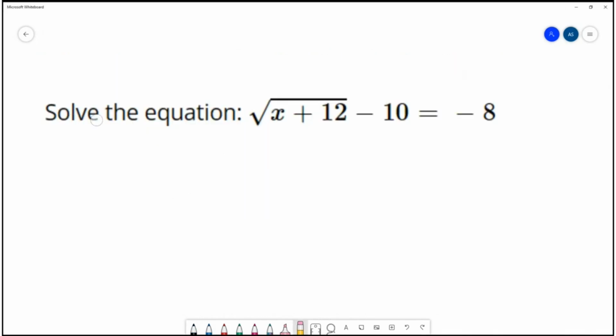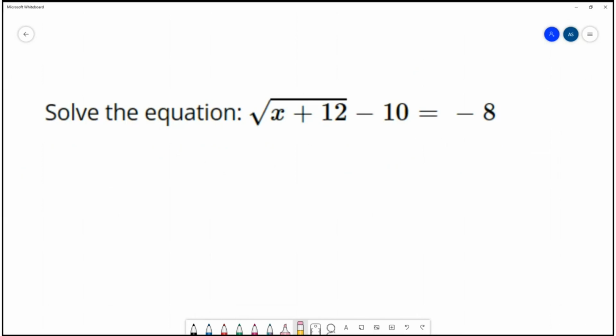For this example, we want to solve the equation square root of (x + 12) minus 10 equals -8. You can see the radical here in our equation, and the radical over the variable makes this a radical equation.